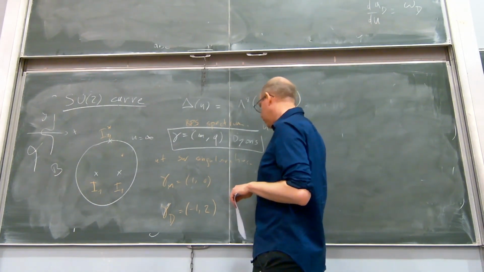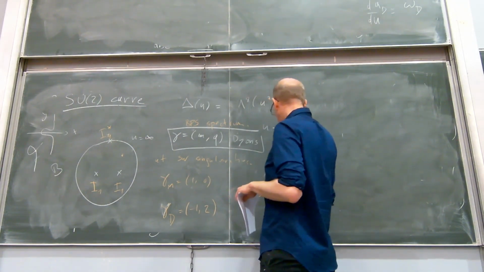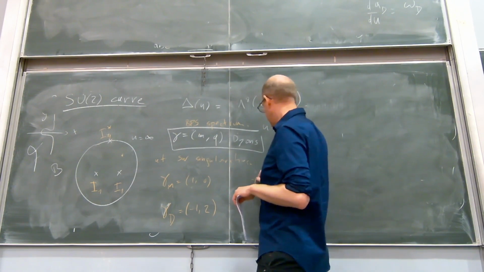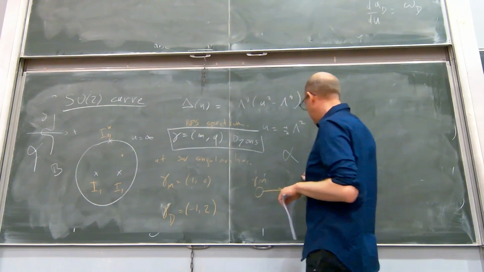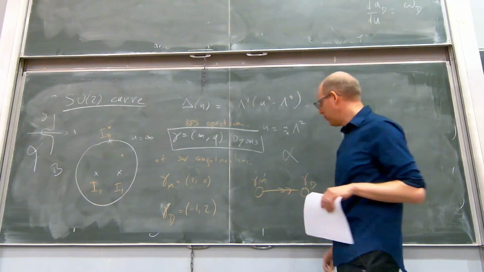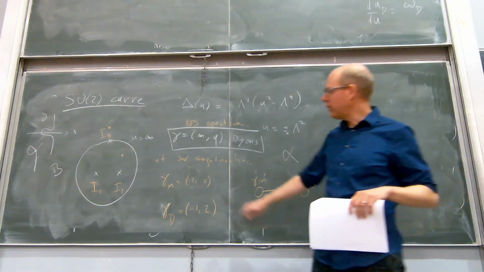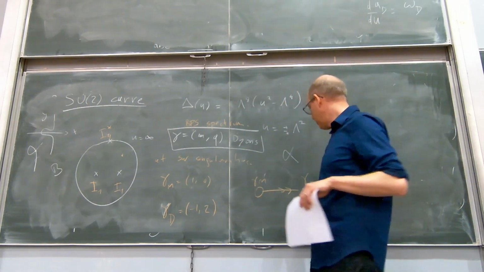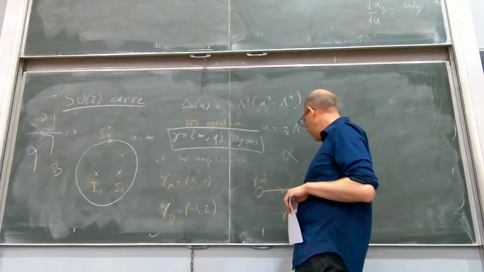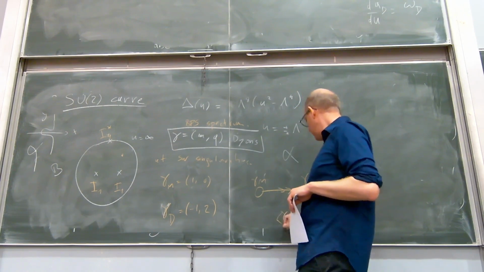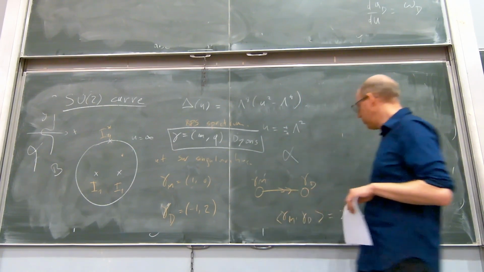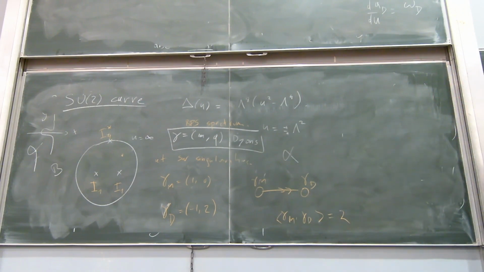So it's often encoded in a quiver, the so-called BPS quiver, where the number of arrows is given by the Dirac pairing between gamma_m and gamma_d, which is equal to 2. That is the Dirac pairing between those two dyons.